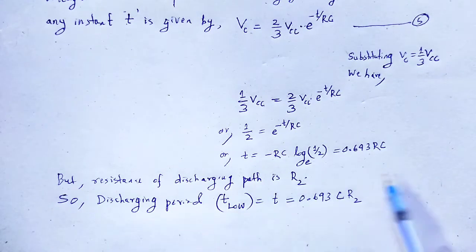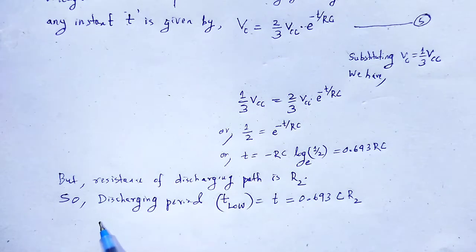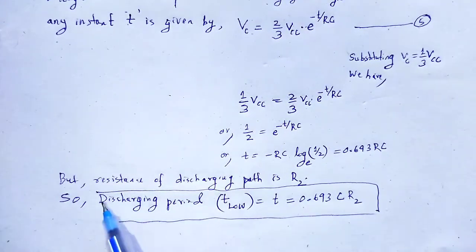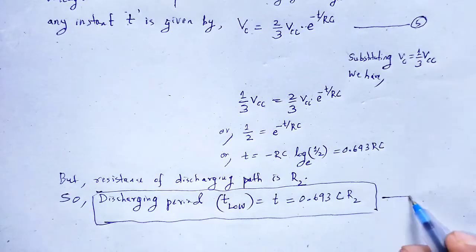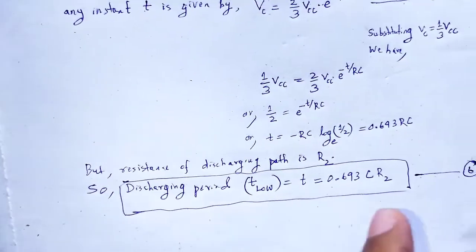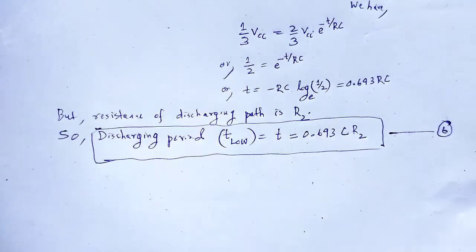So, the discharging period T low is calculated. This is T high for the charging situation, and for the discharging situation, that is T low.